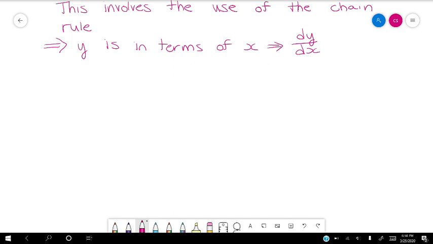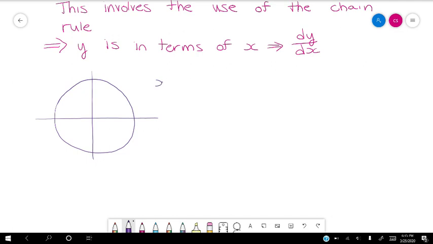Let's look at an example of a circle. We'll have it centered around the origin, and the radius is 3. So that means x squared plus y squared equals 9.